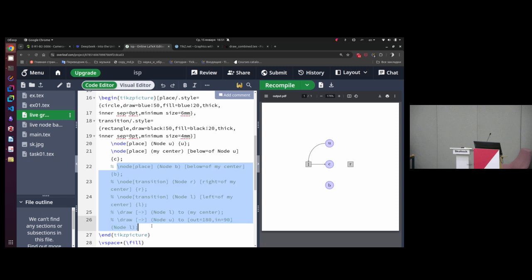This code just gives us two nodes. And in this example, we don't use any absolute coordinates, any numbers. We just use the special keywords below of, right of, left of, and so on. You can use them to place your nodes.